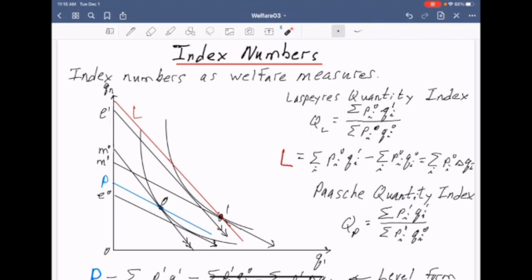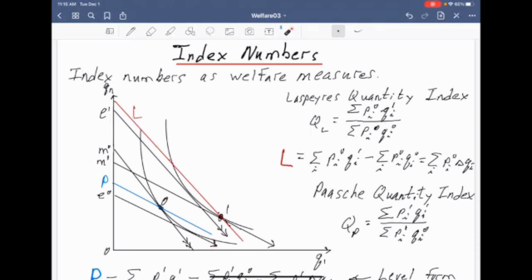So we look first at the Laspeyres quantity index, and it's given by Q_L equal to the sum of the quantities multiplied by their prices in the original situation. So here we have the original situation and the original prices, which are given by this line with one arrow on it.